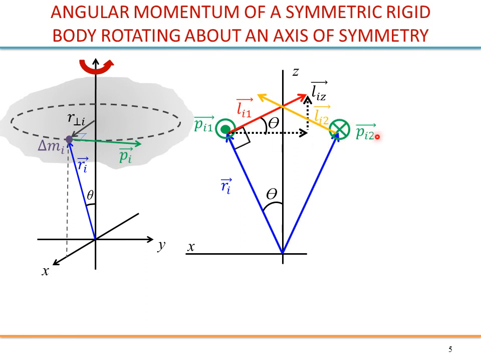So we can take the couple and look at the total angular momentum of these two particles. When we have one, we have another one, a symmetric one. So we can sum by the couples, symmetric couples, instead of just summing each particle. So the total angular momentum of this couple is L_i1 plus L_i2, which is in fact a vector that is parallel to the z-axis.